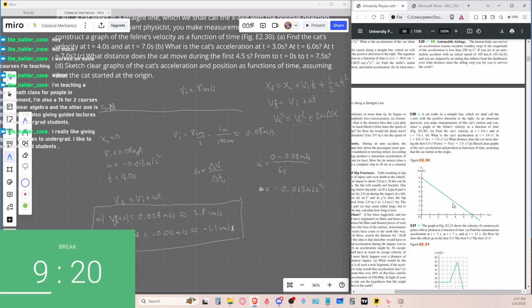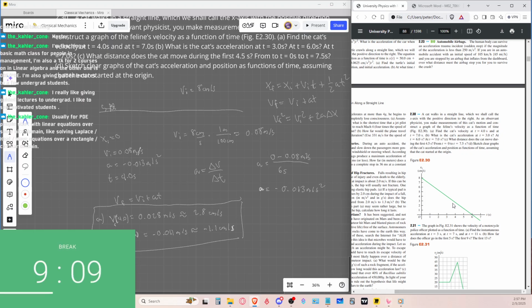So I think we already answered B. The acceleration is the same, I believe, because it's going down in a straight line. If the acceleration was changing every time, it would not be a straight line, but the graph doesn't look curvy.